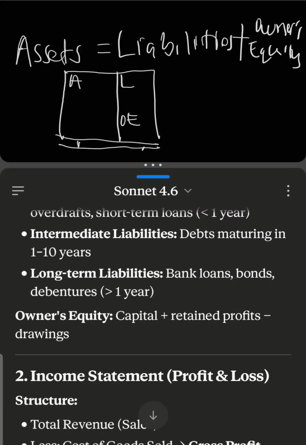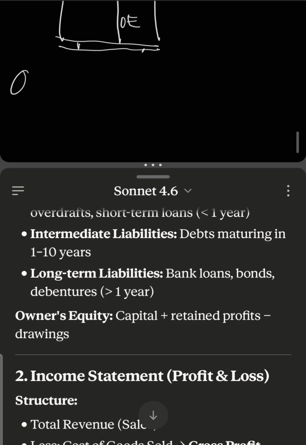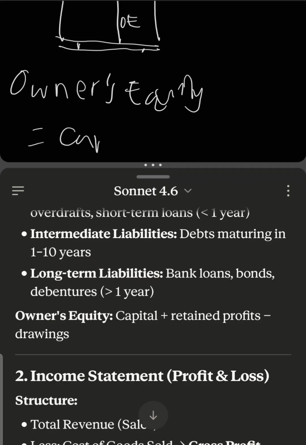Okay. Now, owner's equity is simply capital plus profit, capital plus profit minus drawings.